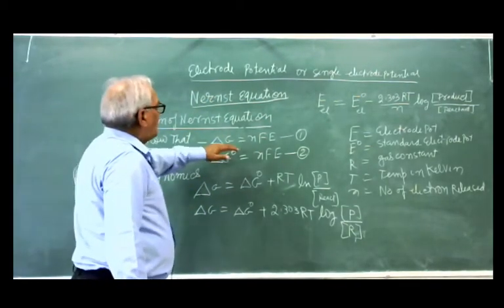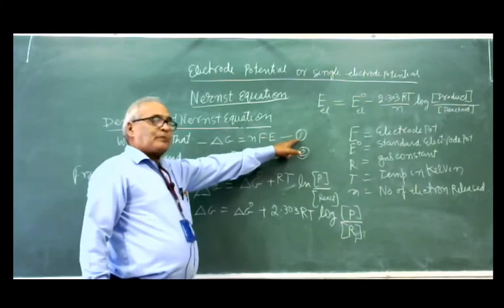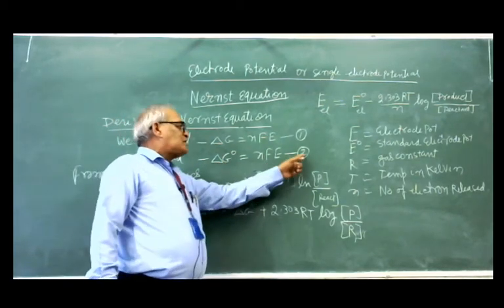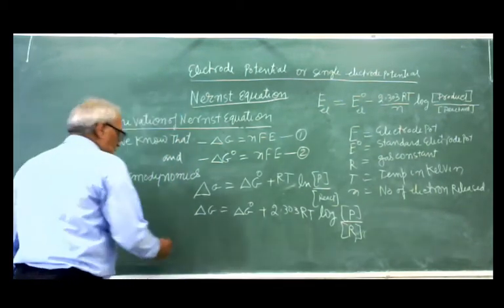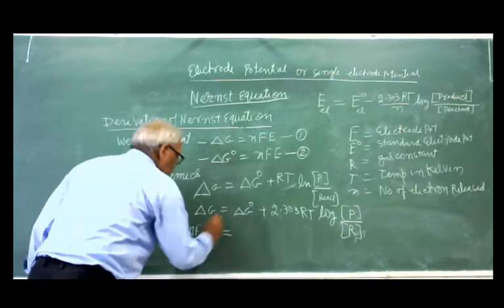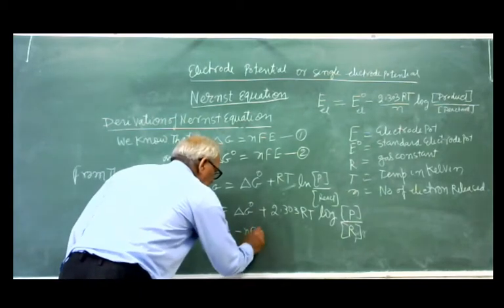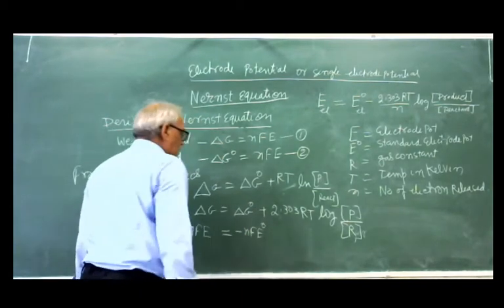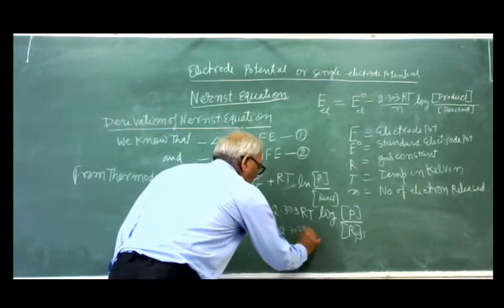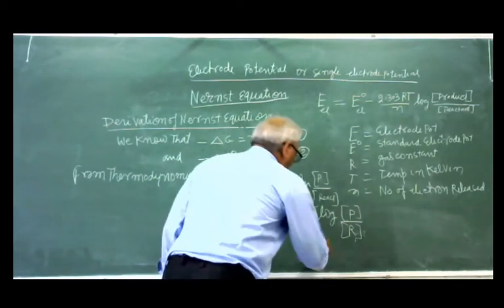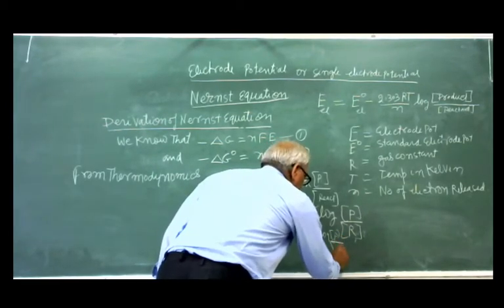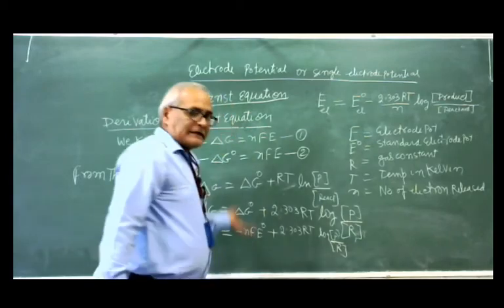Now substituting the value of delta G from equation first and the value of delta G0 from equation second, we can write here minus nFE equal to minus nFE0 plus 2.303 RT log concentration of product upon concentration of the reactant. Like this.